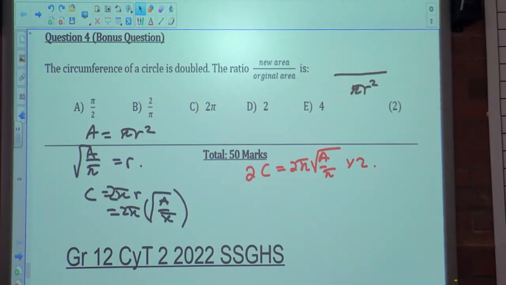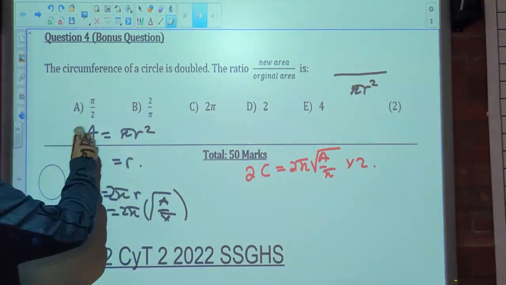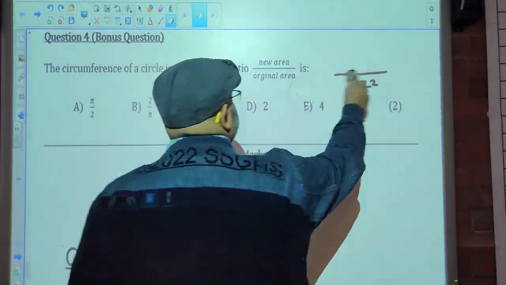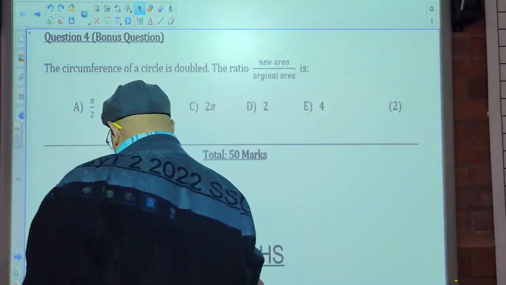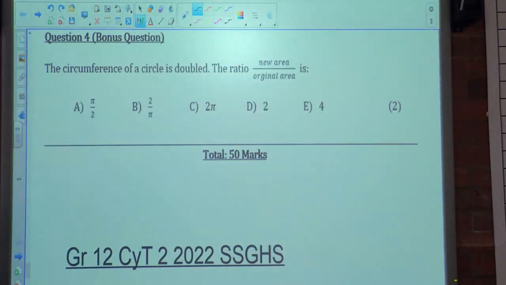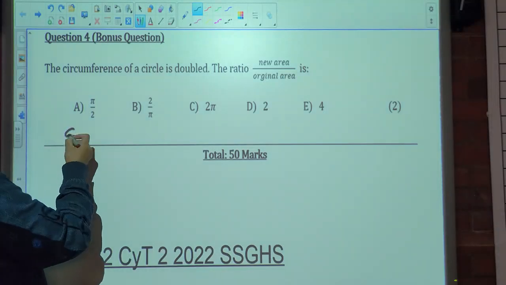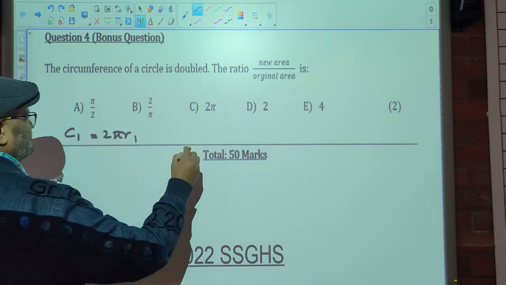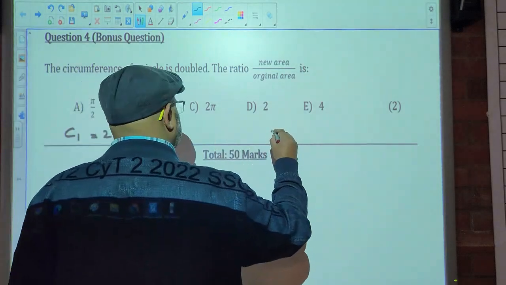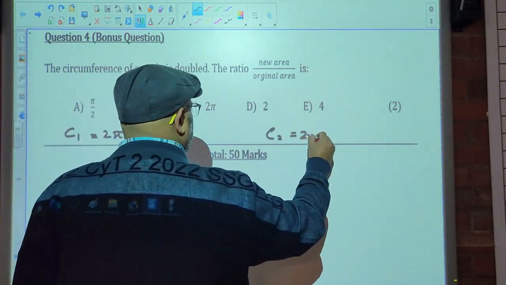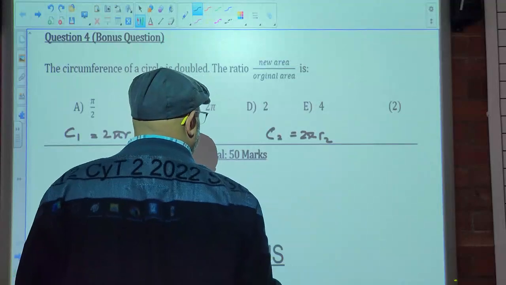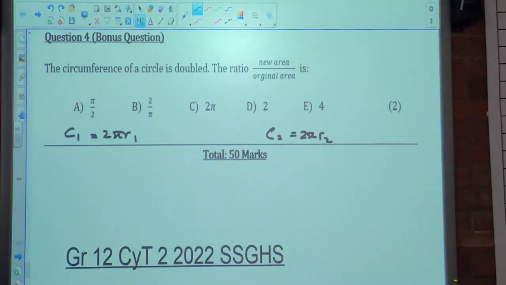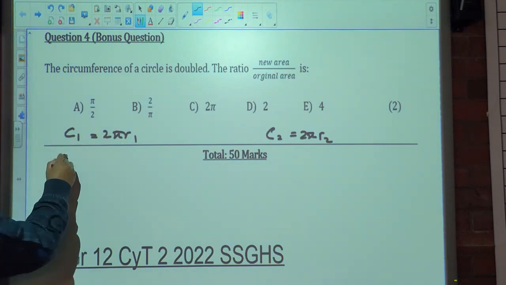Okay, sorry about this. Let's backtrack here and start again. We know that because it's two circles, circumference 1 is equal to 2 pi r1, and circumference of circle 2 is going to be 2 pi r2. So we're going to make r1 the subject of the formula.